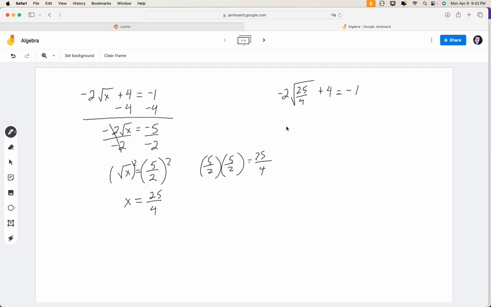All right, so negative 2 times square root of 25 is 5, square root of 4 is 2, plus 4 is equal to negative 1. Negative 2 times 5 is a negative 10 divided by 2, plus 4 is equal to negative 1. Negative 10 divided by 2 is negative 5, plus 4 is negative 1. So this is the solution we're looking for.